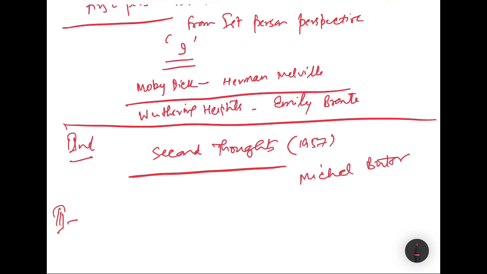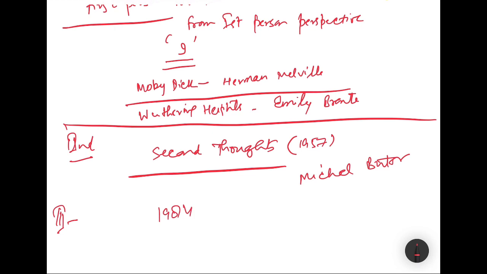Third person point of view, which is very common in literature. In a third person point of view, in a third person narrative, the narrator refers to the characters, as I told in the beginning, as he, she, they, or by name. In other words, the narrator is not a character.